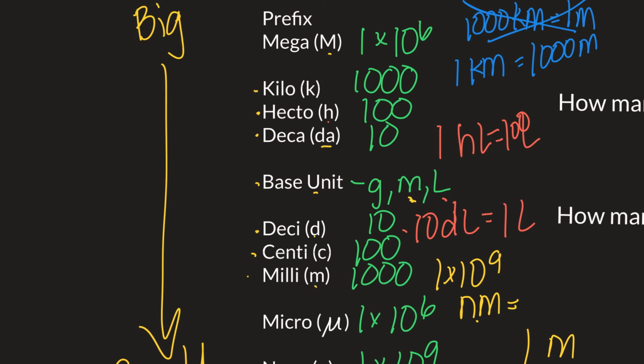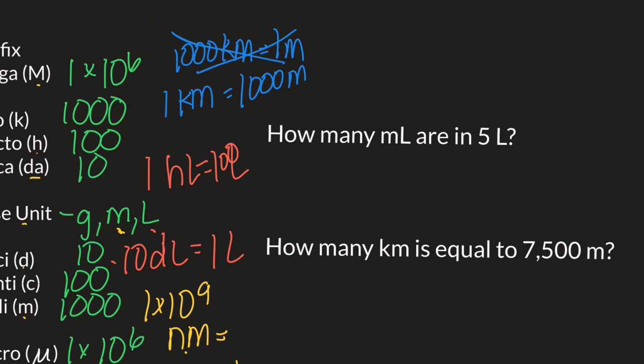So how do we apply this? How many milliliters are in 5 liters? Again, if I had to compare milliliter to liter, liter is bigger, right? It outranks it on that chart. What is milli worth? It's worth 1,000.